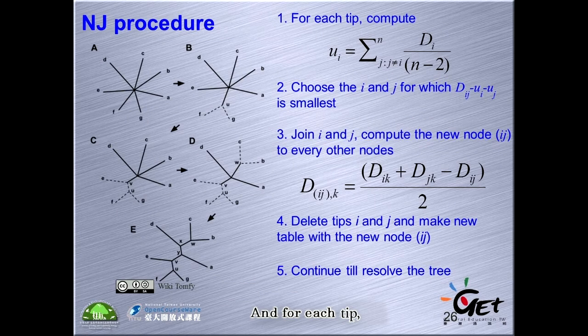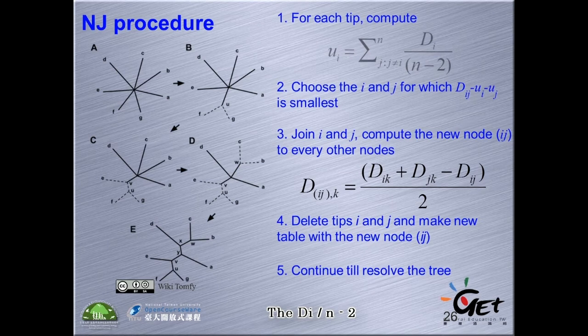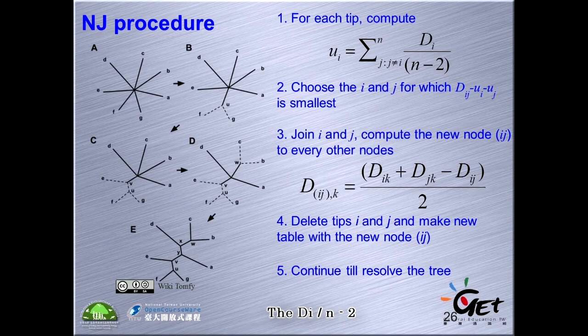And for each tip, the actual calculation is something like that. You don't need to remember anything of it. Don't worry about it. Basically, you just need to sum up all the distances I just mentioned, di divided by n minus 2, and choose the i and j for each pair which has the smallest distance for all the different combinations.